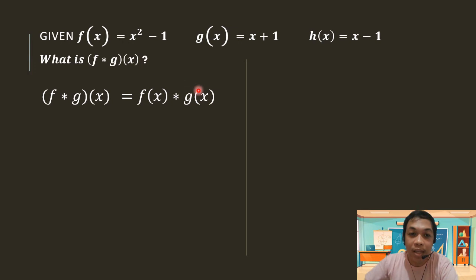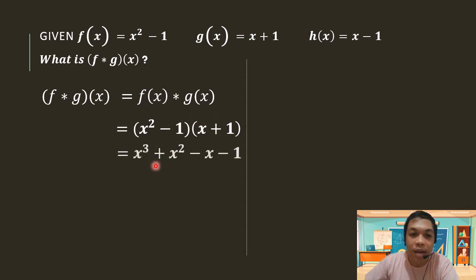So, kunin natin kung ano man yung mga function na yan. F of x, that is x squared minus 1, times g of x, that is x plus 1. So, by multiplying, we have x squared times x, that is x cubed, x squared times 1, that is x squared, negative 1 times x, that is negative x, and negative 1 times positive 1, that is negative 1.